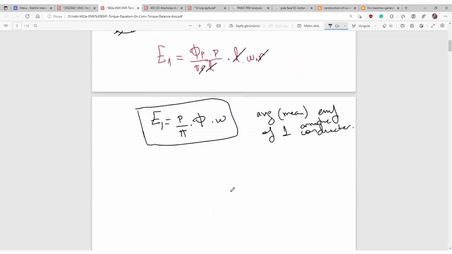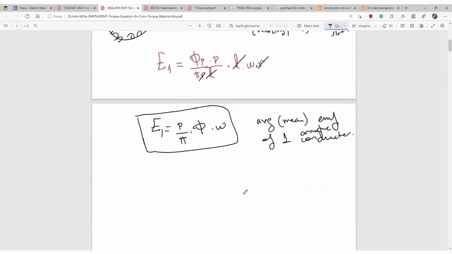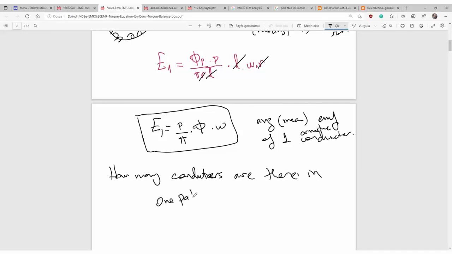Now, gentlemen, what is happening here in the armature? In the armature, how many conductors are there in one path of the armature winding?